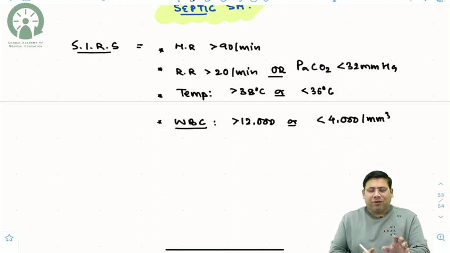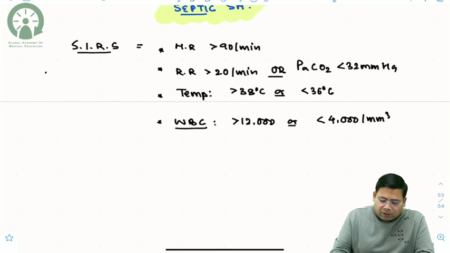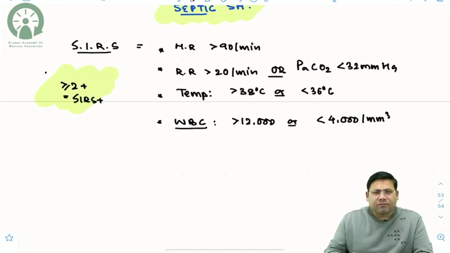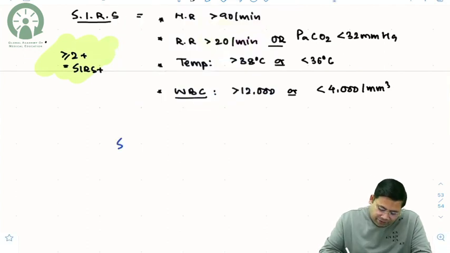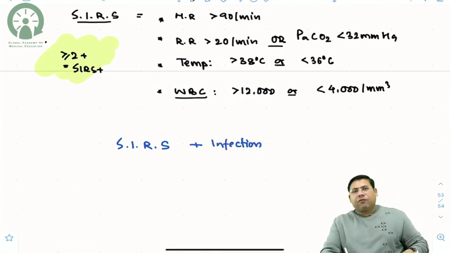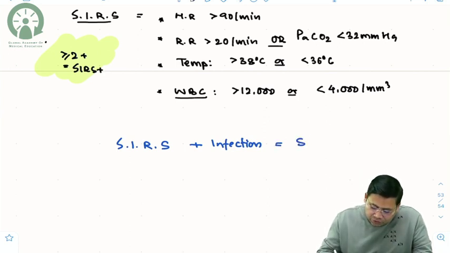They are very important, and out of those 4 parameters, if 2 or more are positive, this is known as SIRS positive. It's a very simple thing. Now students, if SIRS is positive, and you send a culture and the culture shows growth, so if infection is there, SIRS plus infection is equal to sepsis.